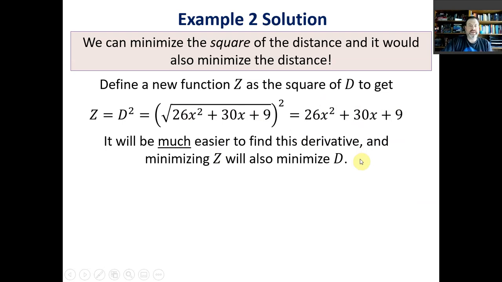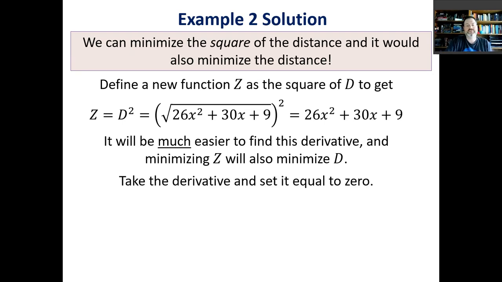So this is a nice, very simple technique that you're allowed to use, like the MPQ function in Chapter 1. The MPQ function is a lot easier than plugging those numbers into the function every single time. The MPQ function makes the work easier. Well, squaring this thing makes the work easier. So we're going to take the derivative of z and set it equal to 0.